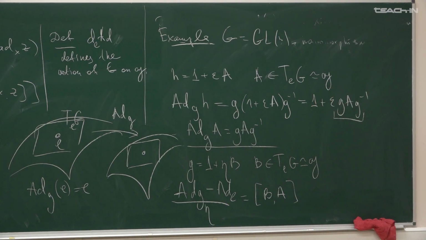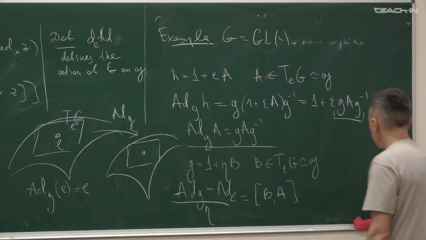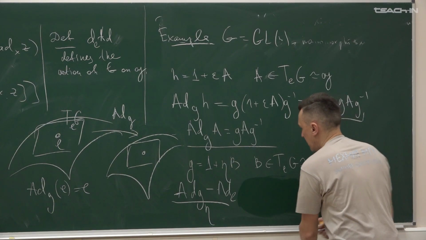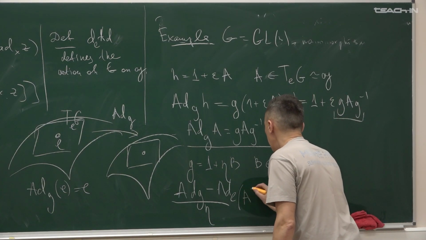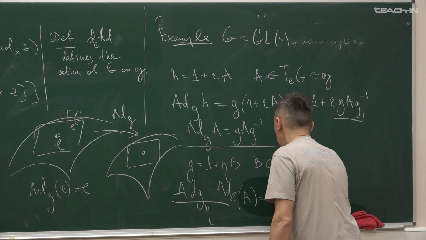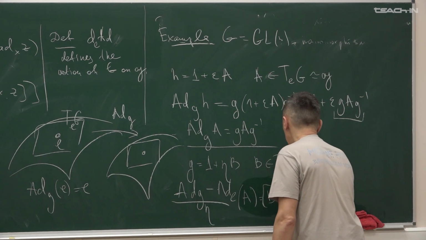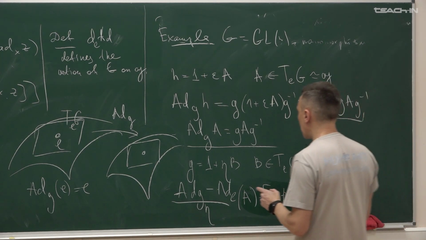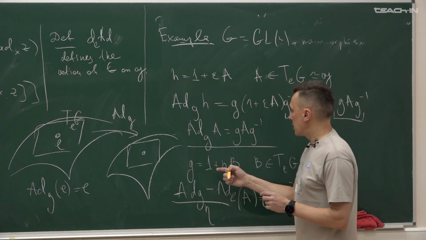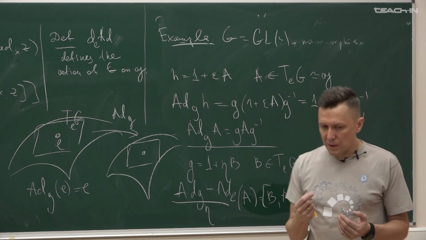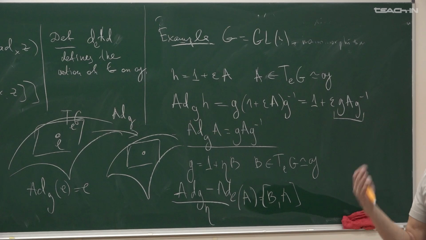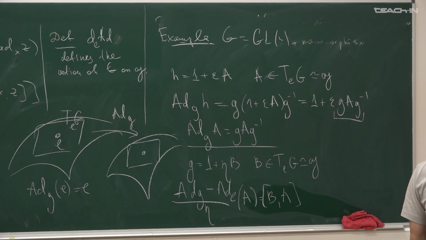Please verify. Applied to A, and it is [B, A]. So my statement is that the infinitesimal part of the adjoint group action on the Lie algebra is the adjoint action of the Lie algebra on itself.